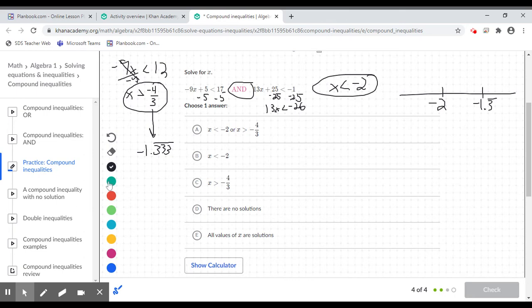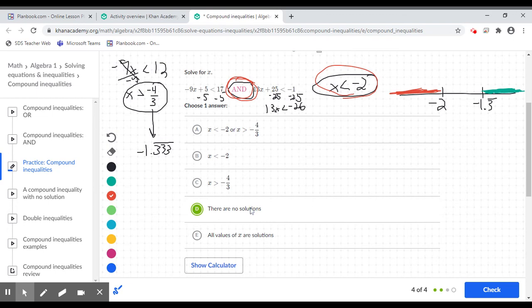So first one, x is greater than negative 4/3. Second, x is less than negative 2. Again, the word and means overlap. Is there any point in time where they overlap?